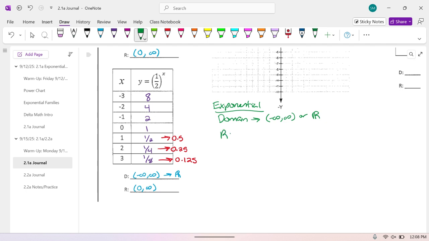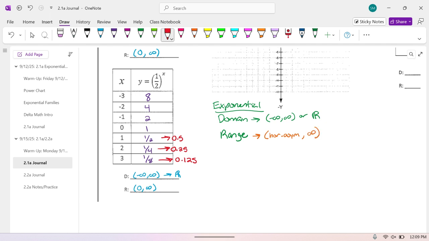The range, there's two different types of ranges you can get. The first one is the horizontal asymptote. So whatever number the horizontal asymptote is at to infinity.